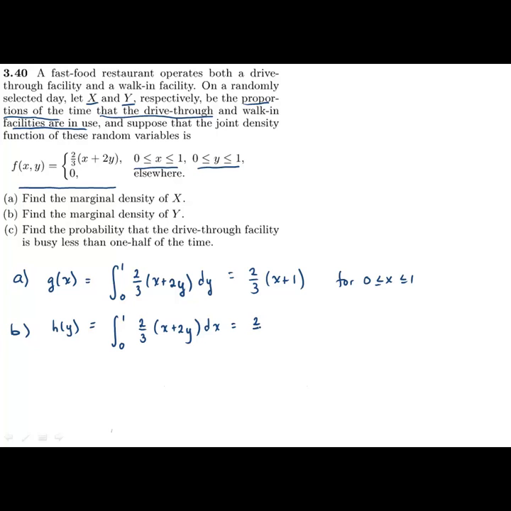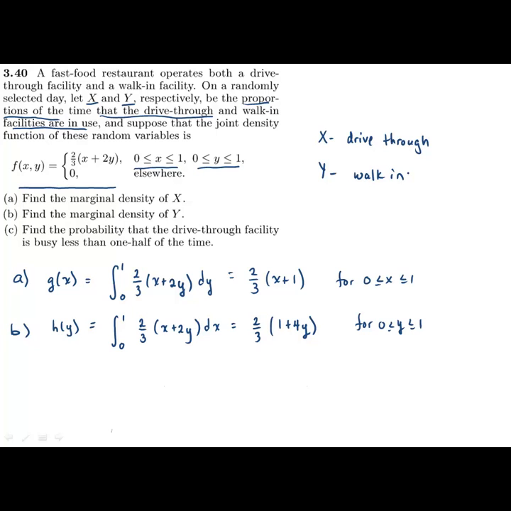So if you integrate this, this is 2 over 3 (1 plus 4y), and this is for y within 0 and 1. Questions? So what we are doing here, we have a joint density function, and we want to find the marginals for x and y. Let me write something here, just to remind you that x is representing the drive-through, and y represents the walk-in.